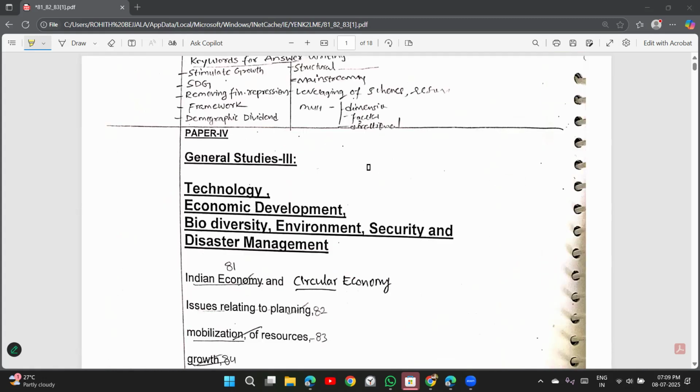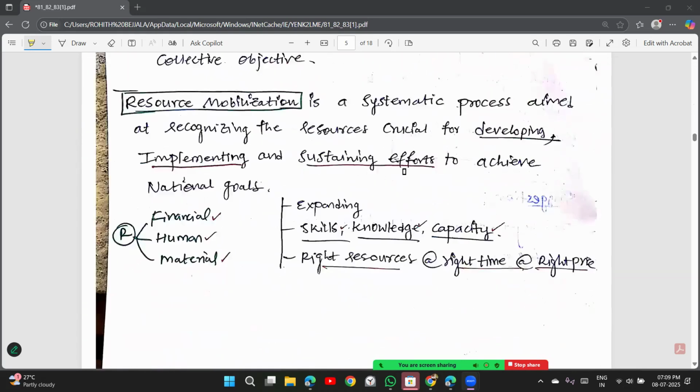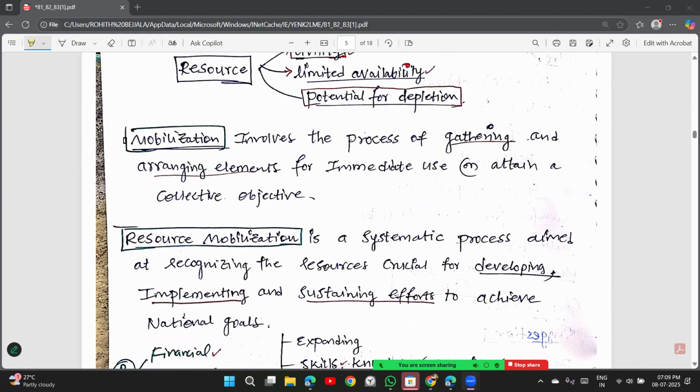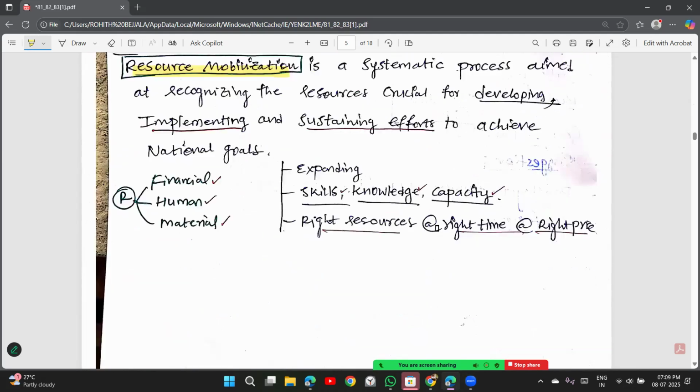In writing economy answers, there are certain keywords: you might include GDP numbers, initiatives, certain schemes, and also the framework, etc. Those keywords will also be included here, and I have made my notes in a format that explains every keyword of the topic from the syllabus, and also the required keywords for that topic.